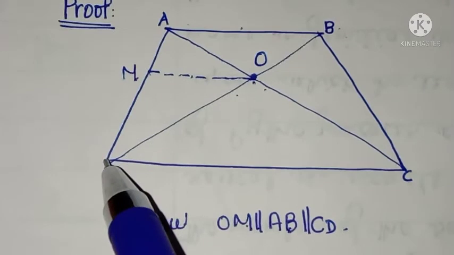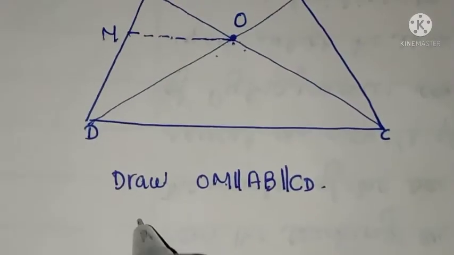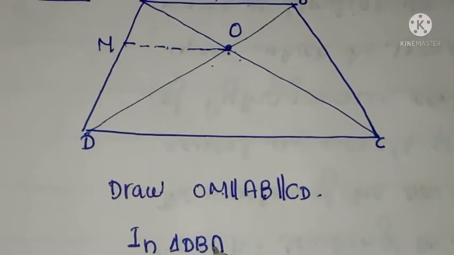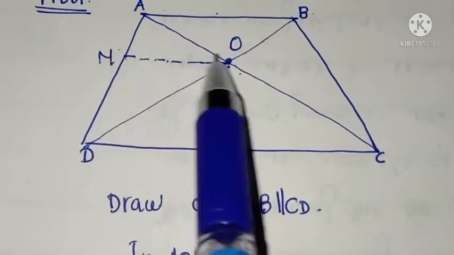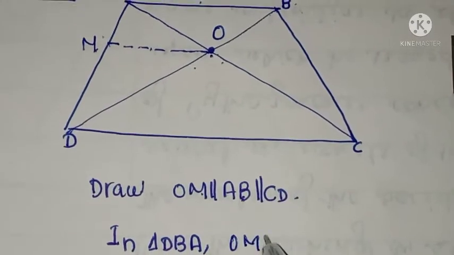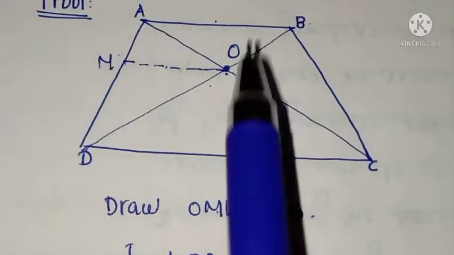Now look at the triangle DBA. So in triangle DBA, listen, OM is parallel to AB. Isn't it? Yes, OM is parallel to AB.